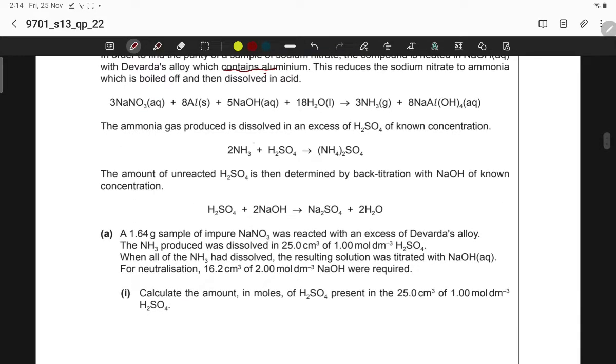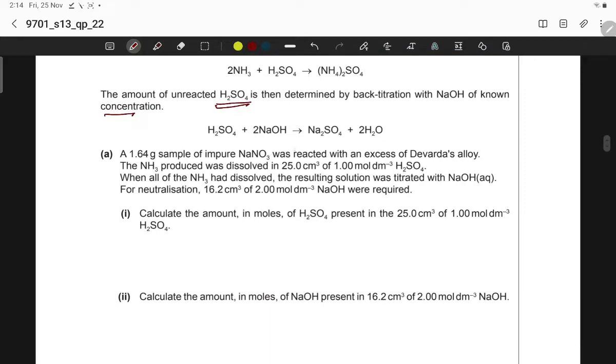The ammonia gas produced is dissolved in an excess of H2SO4 of known concentration. The amount of unreacted H2SO4 is then determined by back titration with sodium hydroxide of known concentration.